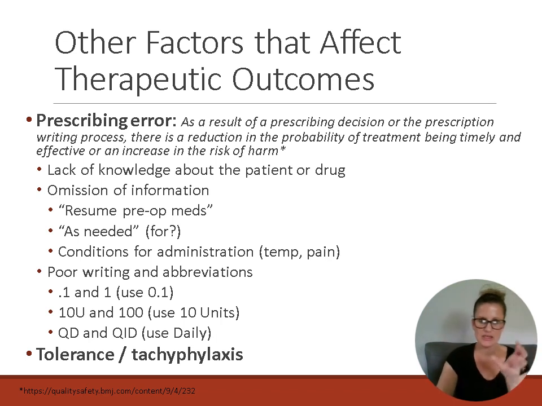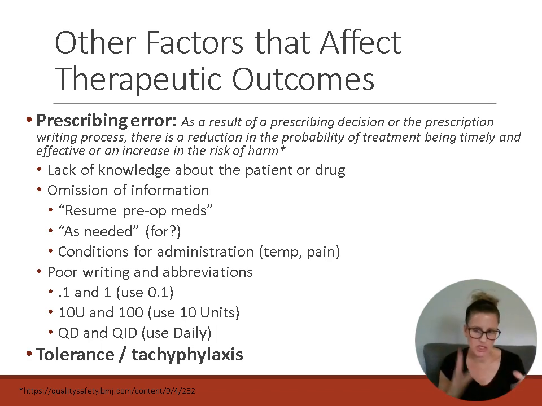You have to indicate the specific reason that it's being taken. Specific conditions for administration are frequently left off. So for example, you can prescribe acetaminophen, that's just Tylenol, for a temperature above a specific set point.